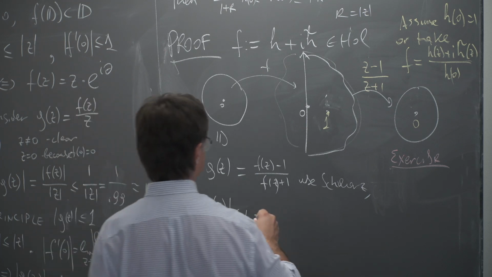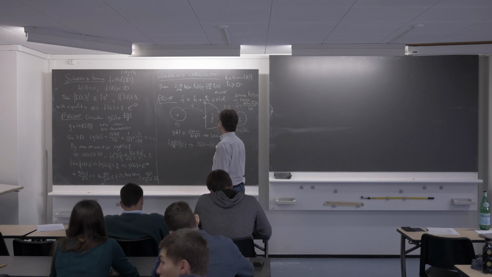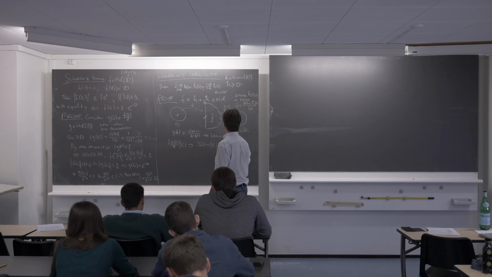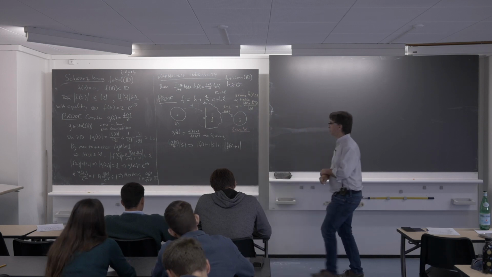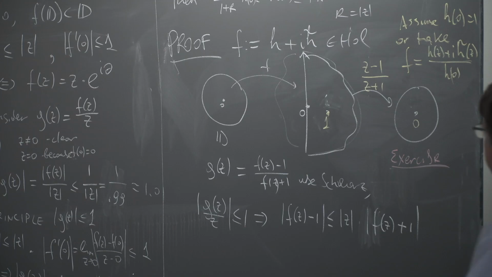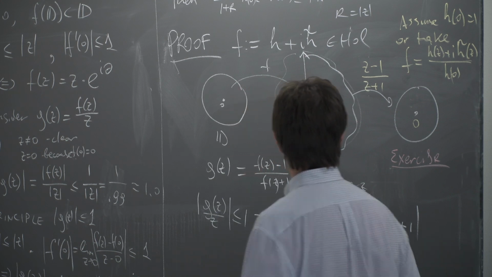It means that the absolute value of f of z minus 1 is no more than the absolute value of z times the absolute value of f of z plus 1. And the absolute value of z is r, so I denote it like that.